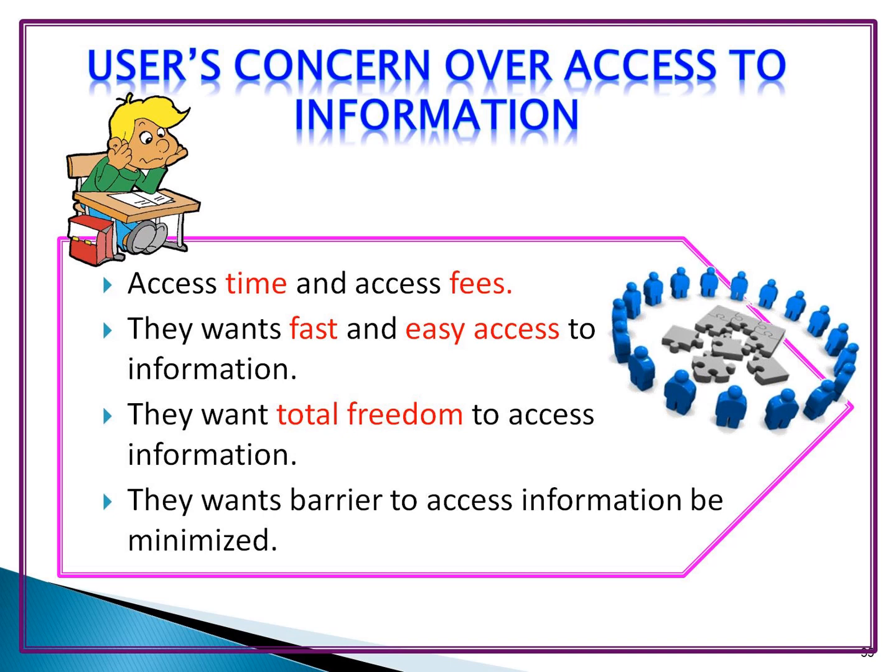Okay, and the last one is we want to minimize the barrier of access to information. So barrier means all the obstacles, halangan, that keep users having difficulty in accessing those information. Alright, so these are the concerns over access to information.